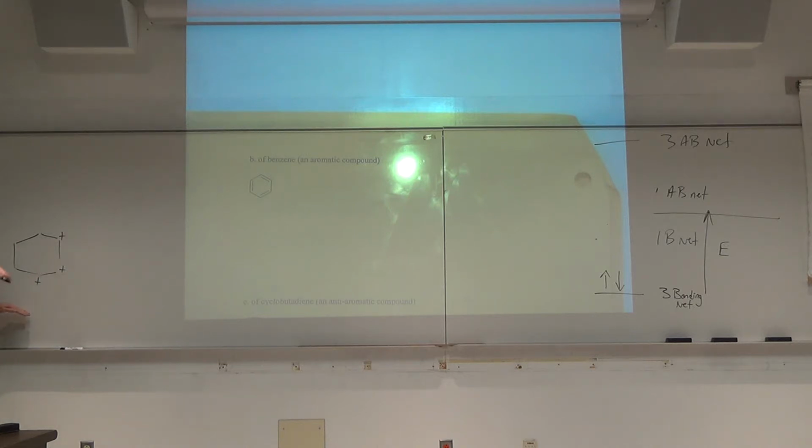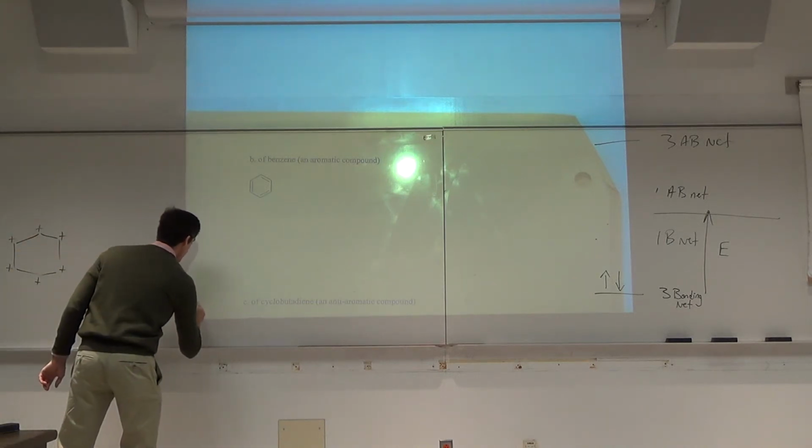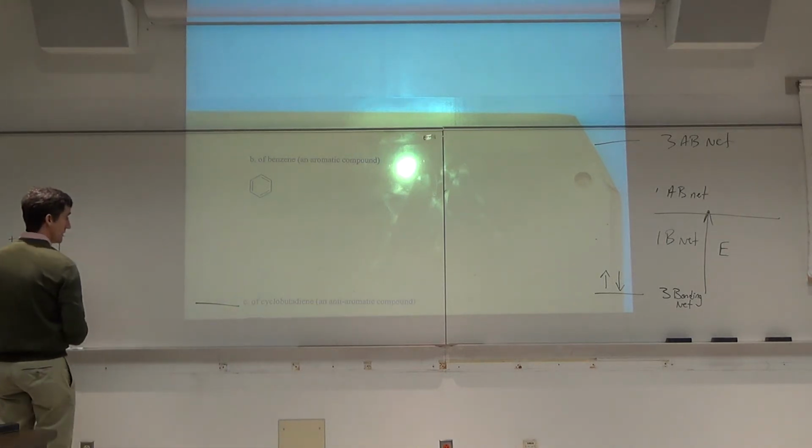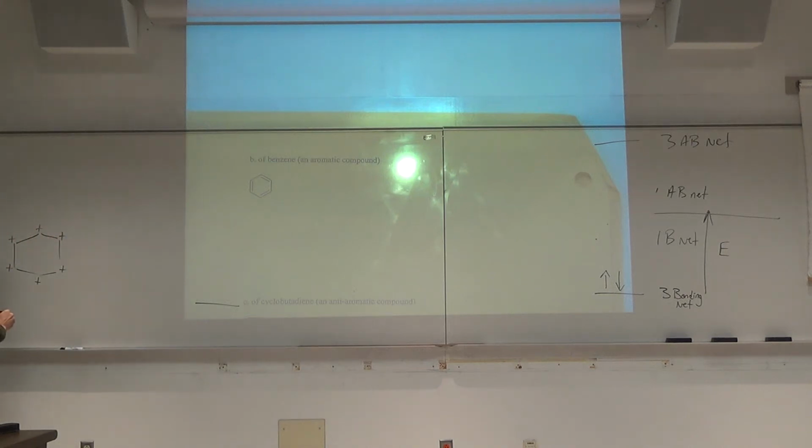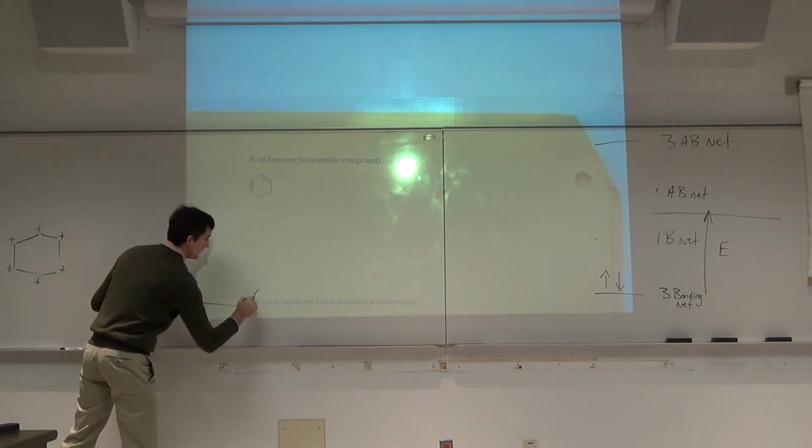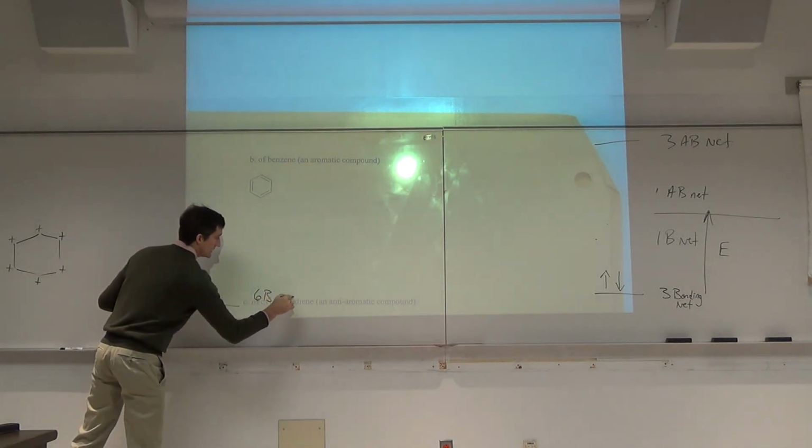Might leave some room because I'm going to go higher. On your page you're going to leave some room. Positive all the way around? Yes. And that would give us, way down here, what's the bonding net? 6 bonding net.